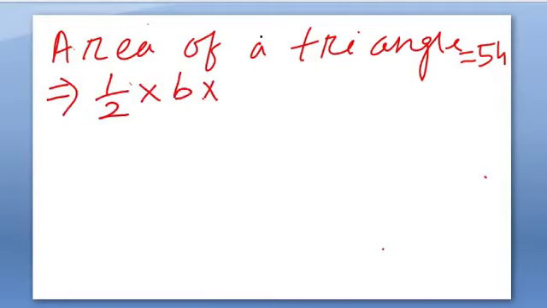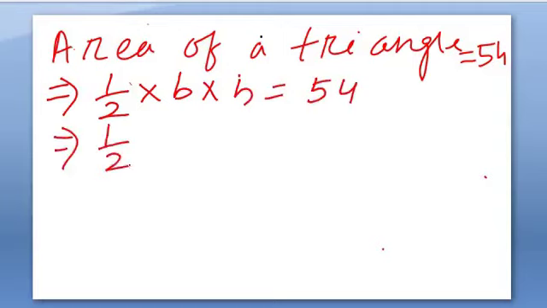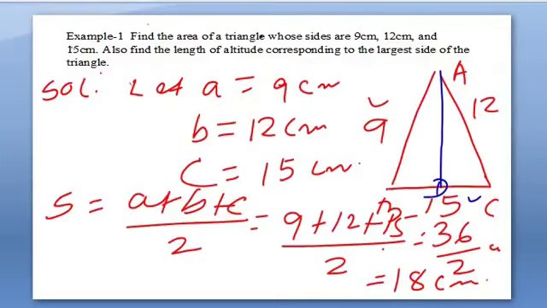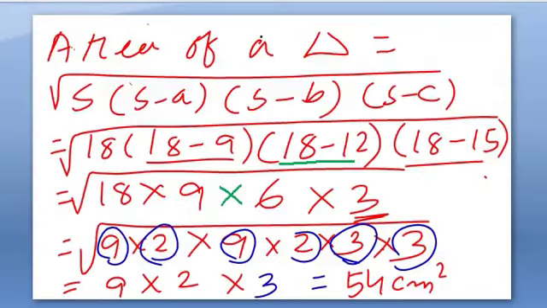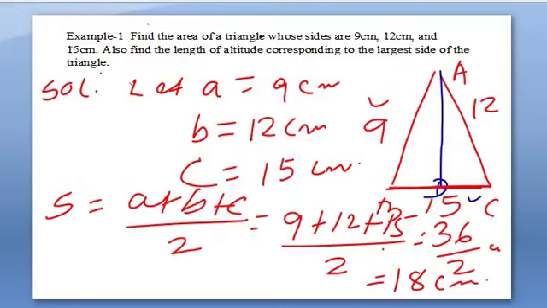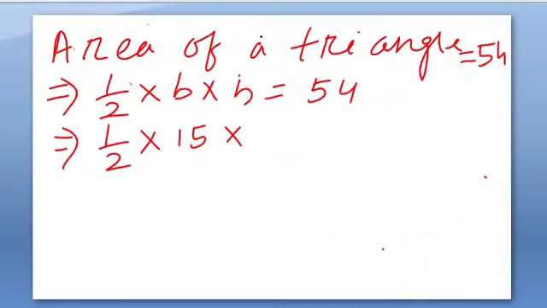Height is asked, so half into base into height equals 54 square centimeter. The base is towards the longest side, to which the altitude is drawn. So now base equals 15, and the height is that AD, which is asked.